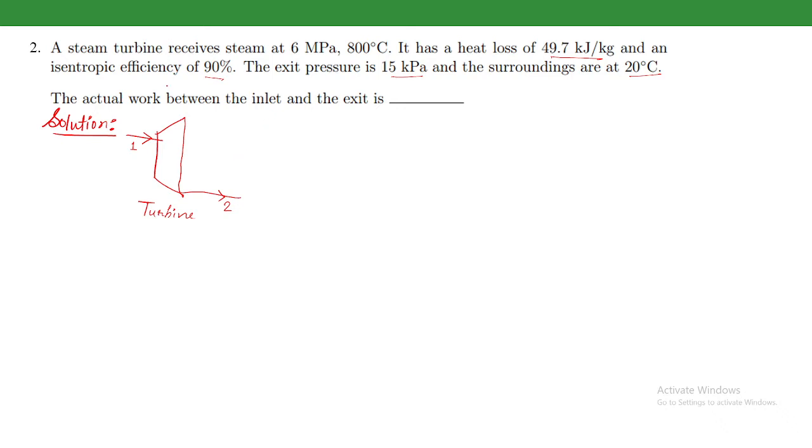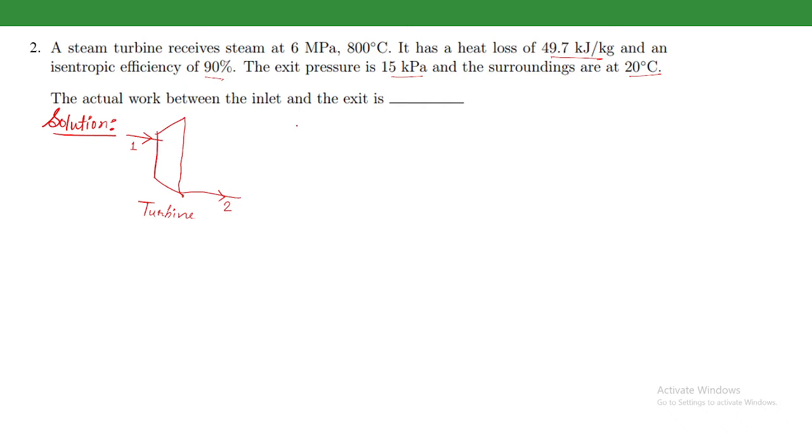So what is isentropic efficiency? Isentropic efficiency is essentially the ratio of the actual work to the isentropic work. So we can first find out the isentropic work, and then use the isentropic efficiency to find out the actual work.